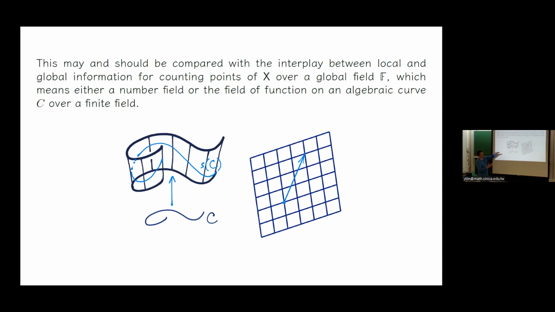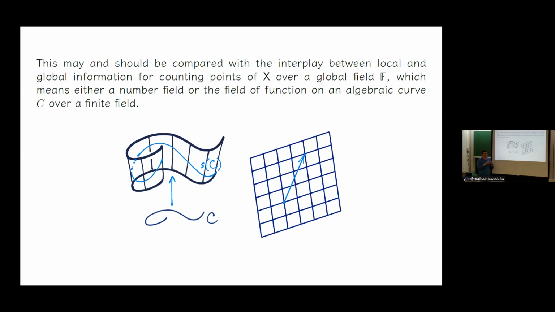For instance, here we were talking about mapping. We will in a second be talking about something mapping to P1, and maybe more generally, instead of mapping something to P1, you can think of counting sections of some P1 bundle over your curve. So you have some non-trivial P1 bundle, and you want to count sections.